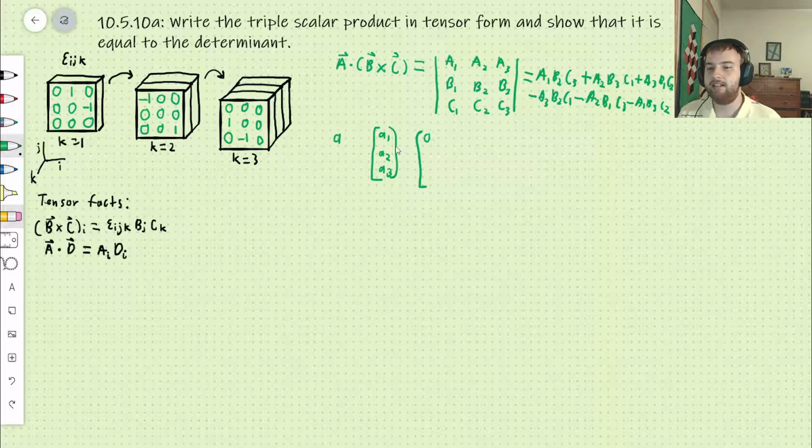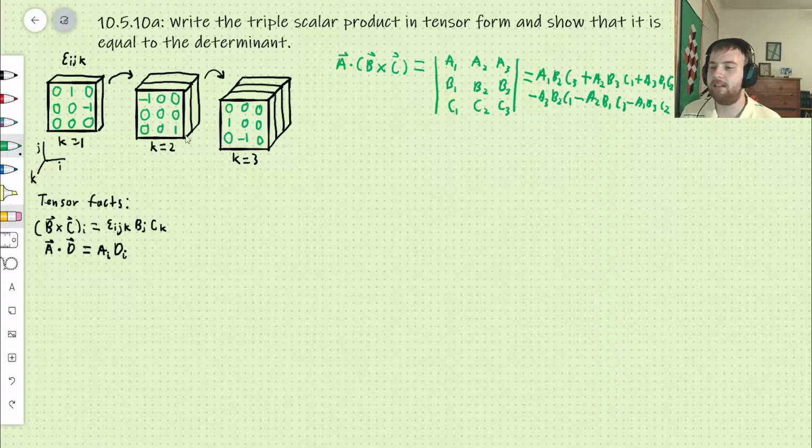So that's what we'll be dealing with. It's a cube of numbers, so there's 27 numbers in all. But we'll get to that in due time. First of all, we have to put this into tensor form, and these tensor facts down here will help us. We'll start by doing this B and C here.